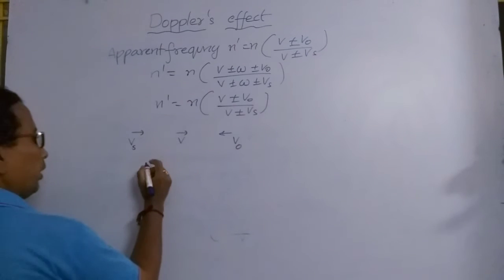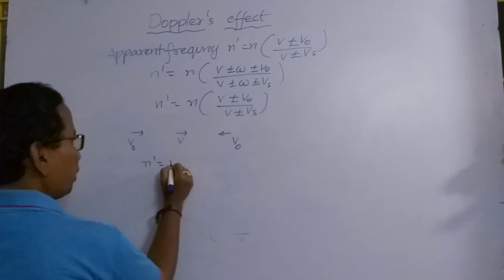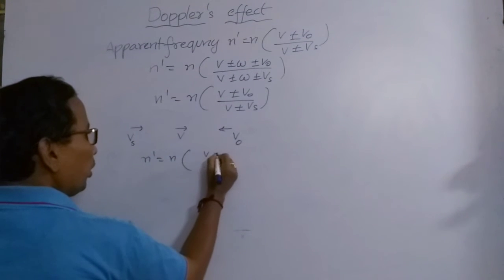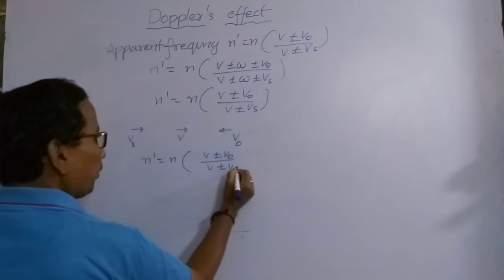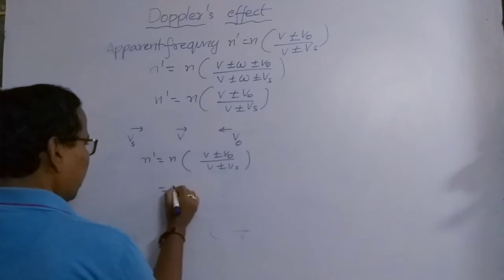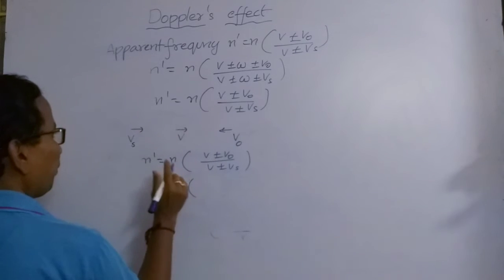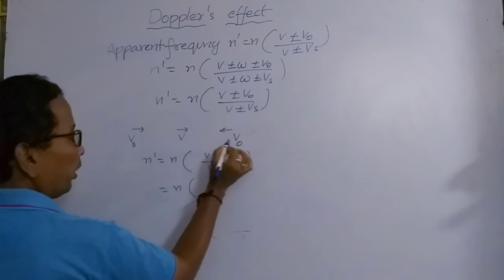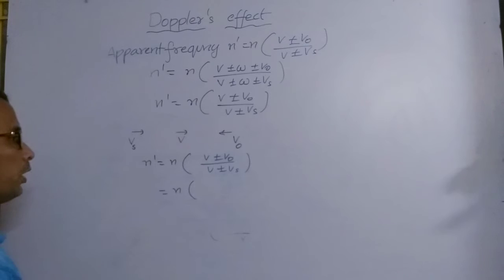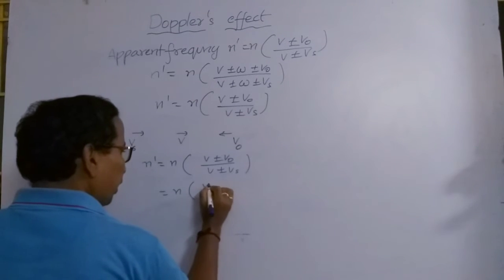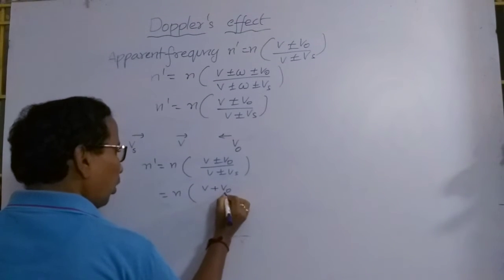Then again write the same formula. n dash is equal to n into (V plus or minus V naught) by (V plus or minus Vs). First compare V and V naught: both are in the opposite direction, opposite direction means plus, that is V plus V naught.